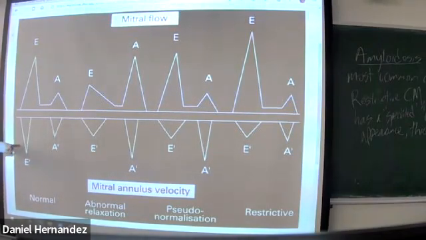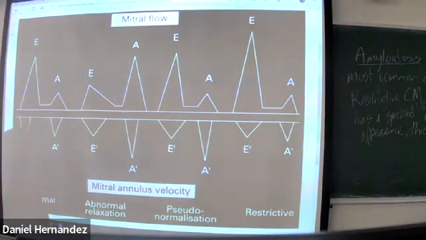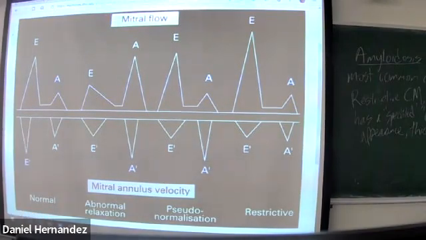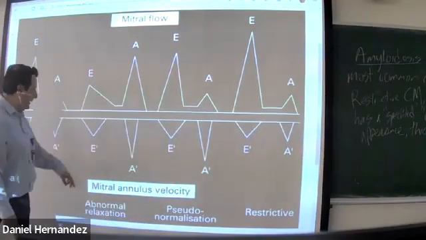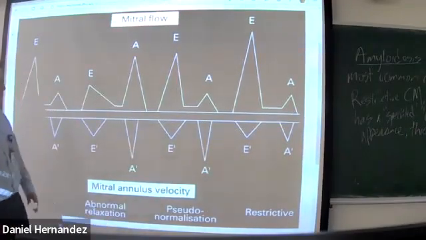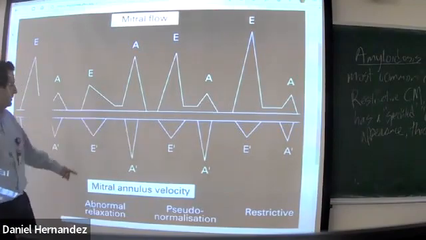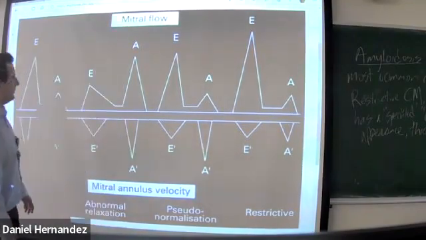So normal, our mitral annular velocity, we would have a higher E and a little a. With pseudonormalization, it appears more like an impaired relaxation or abnormal relaxation waveform. So you can see we don't get any change.